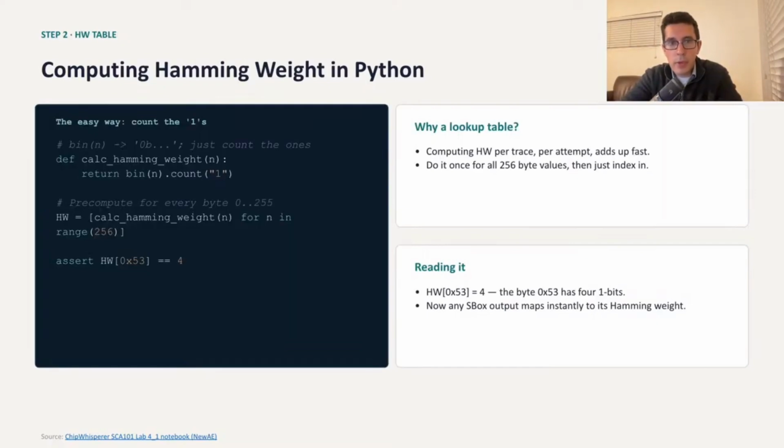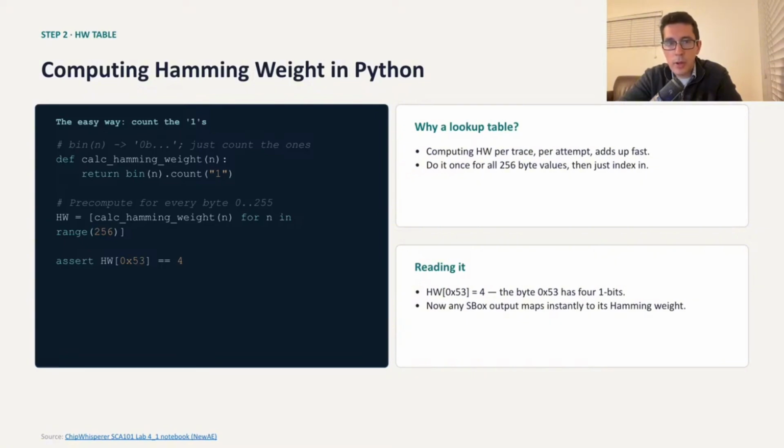Next, we'll implement Hamming weight in Python. The easiest way is just with bin count. It converts the number to a binary string and then counts the ones. The notebook wraps that in a calc Hamming weight function and then pre-computes the Hamming weight for all 256 possible byte values.